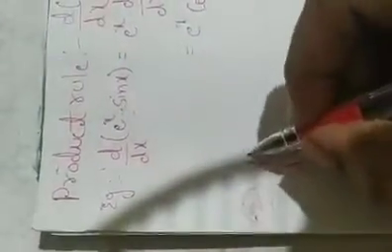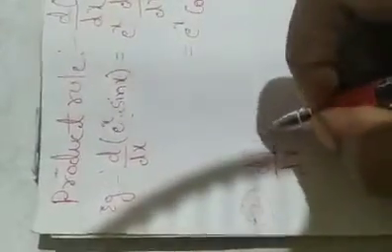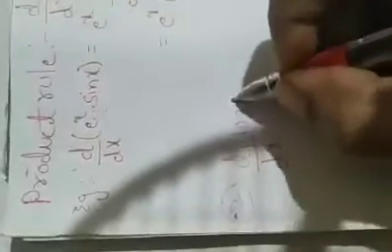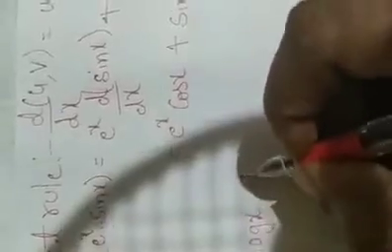Find the derivative, d by dx of log x into e raised to x. Use the formula. Keep the u as it is, keep the log x as it is.